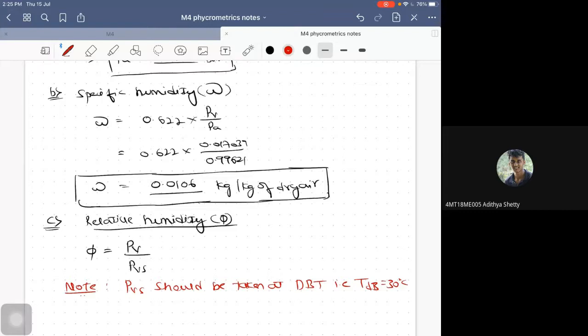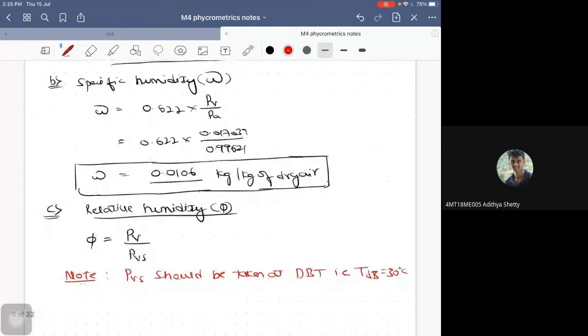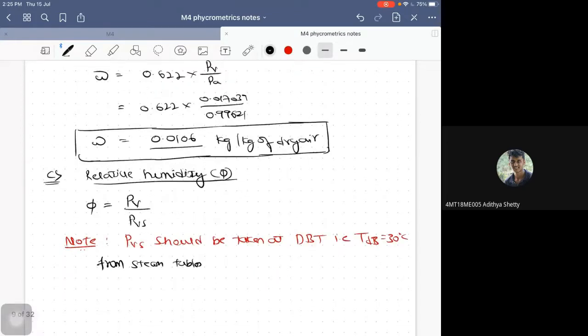If dry bulb temperature is given, it corresponds to PVS. So if you want PVS, you have to take the pressure value at DBT, which is 30 degrees Celsius. Now from the steam tables, it's your job: at T_DB equal to 30 degrees Celsius, what is the value of PVS? If any complications arise, we will use the interpolation method. If it is directly obtained, you can put the value directly.